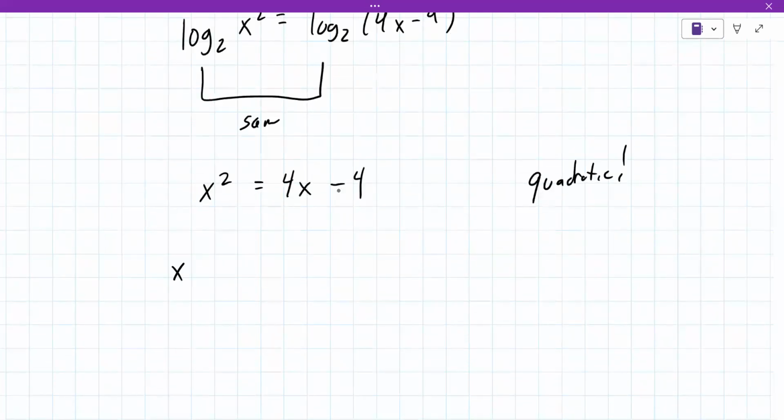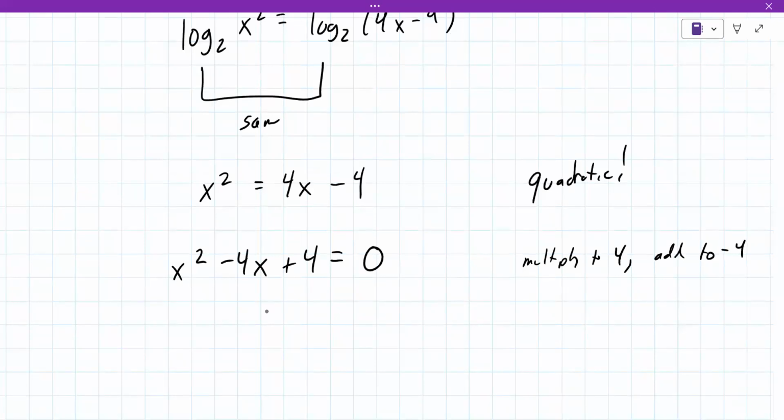The most common way is to bring everything to one side of the equation. All right. So to factor this, we're looking for two numbers that multiply to 4, but then add to -4.